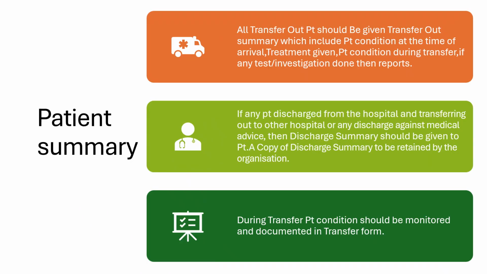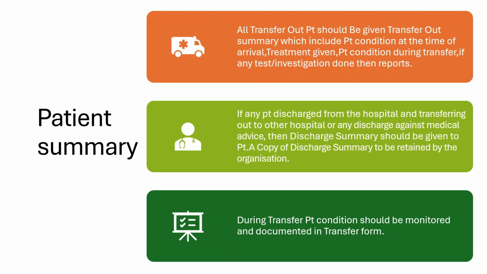What will the patient take from the hospital, or receive during the transfer? Any patient transferred out should take a transfer out summary, which includes the patient condition at the time of arrival, whatever treatment was given, whatever investigations were done, and the patient condition during the transfer. The investigation reports should also be given to the organization where you are transferring, along with the transfer out summary.